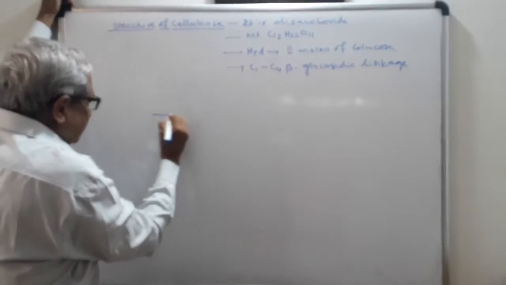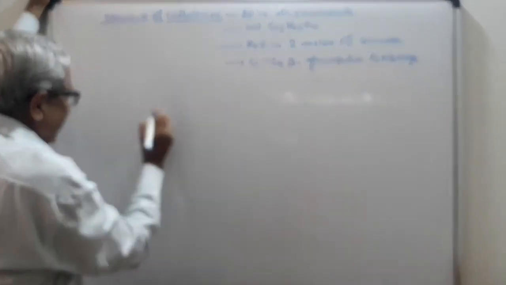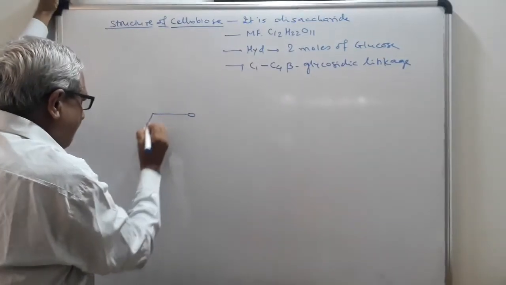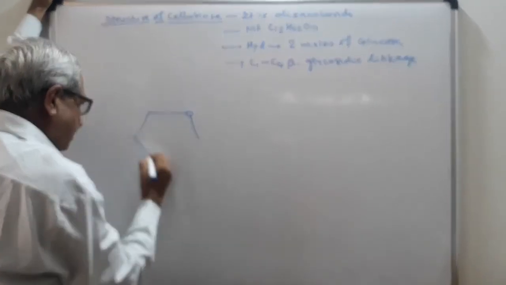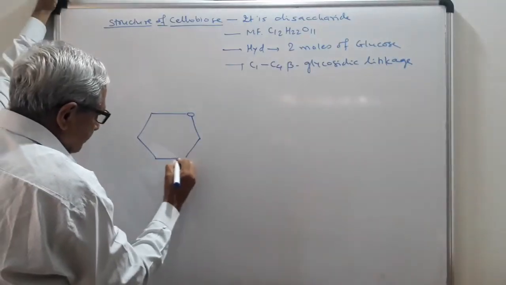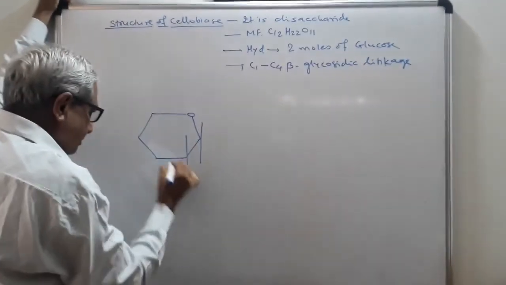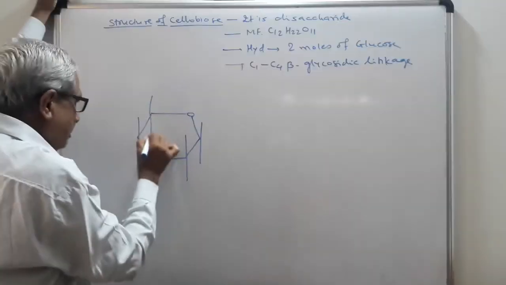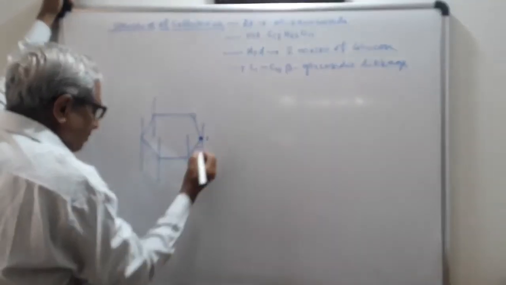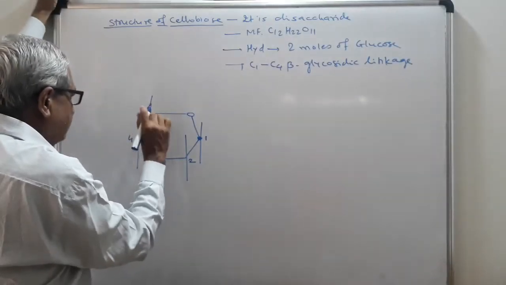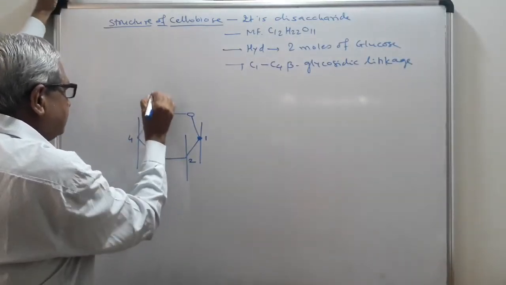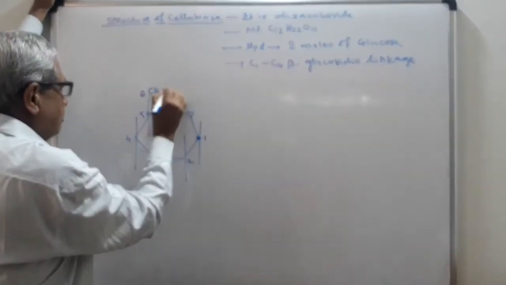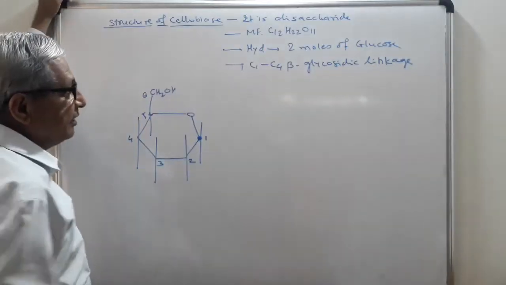So draw the 6-member ring containing an oxygen atom at the right hand side top. This is your anomeric carbon. 1, 2, 3, 4, 5, 6 CH2OH. We want here beta.